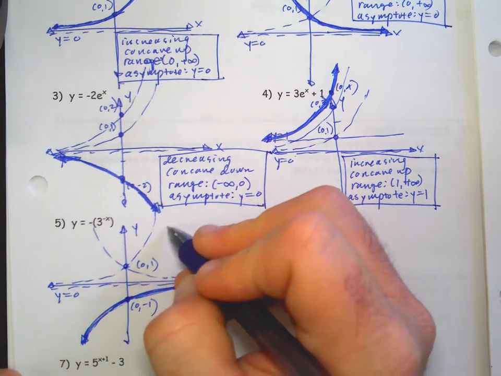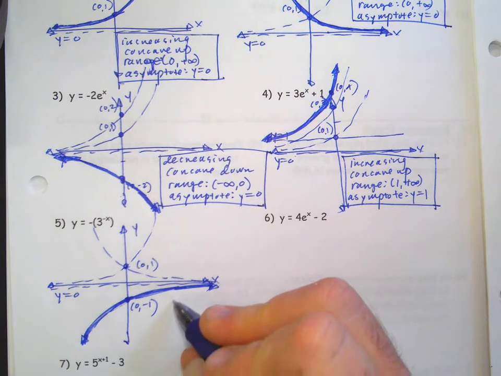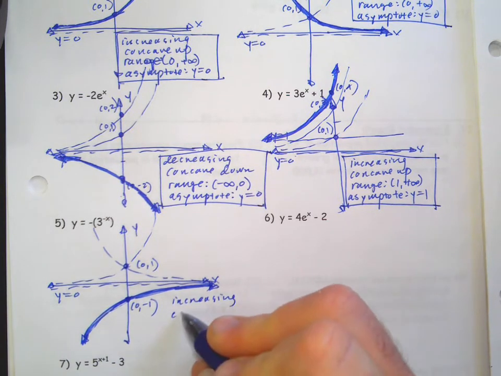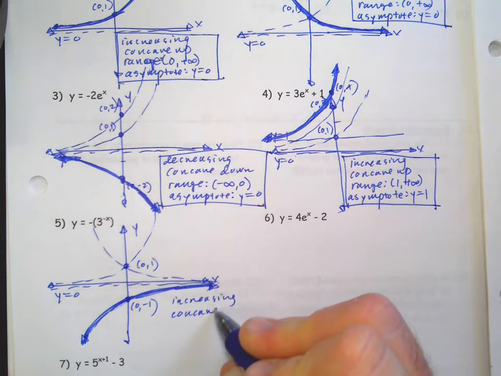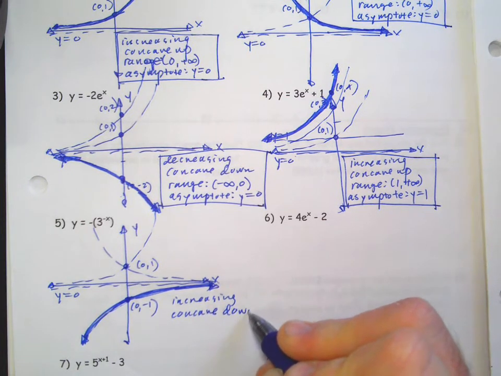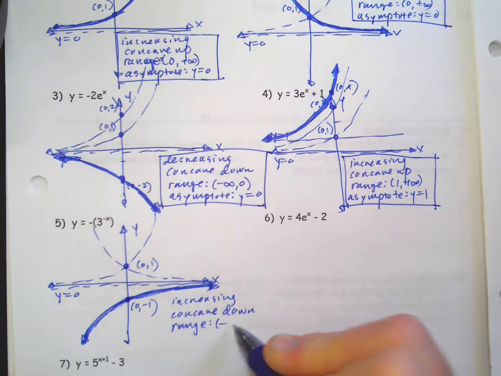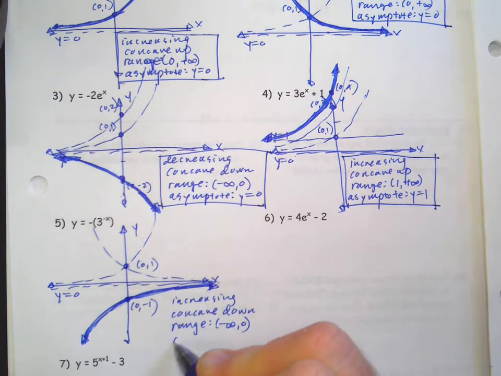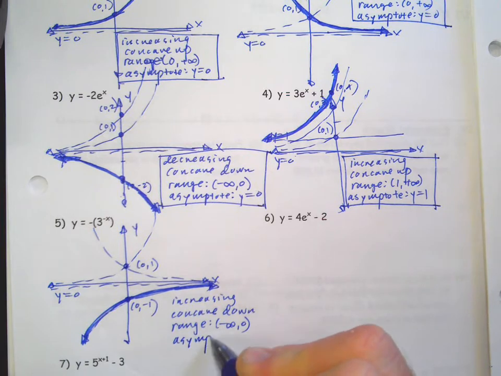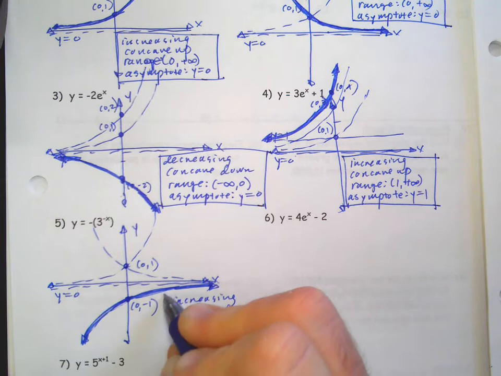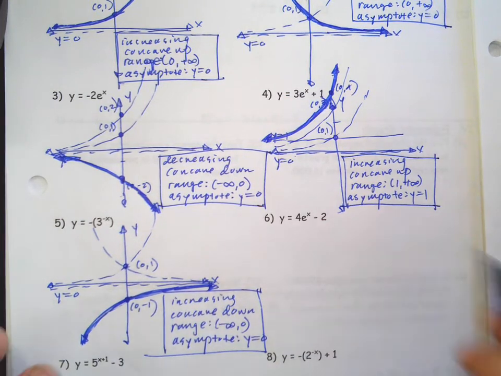So this is increasing, concave down. Range is negative infinity to 0. Asymptote is y equals 0. Okay, next one.